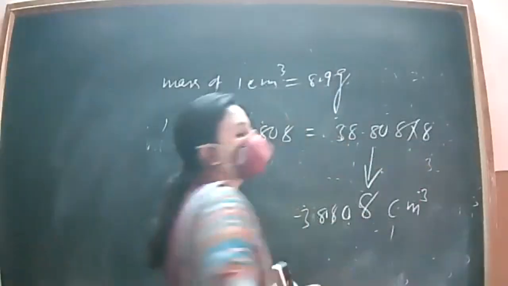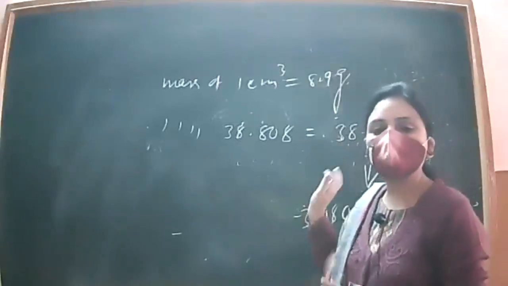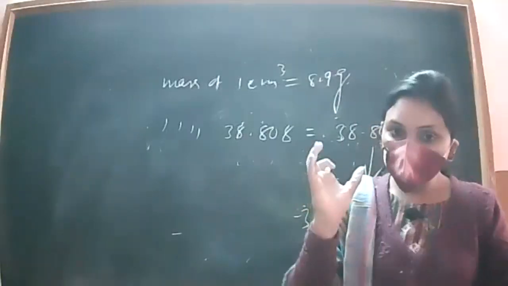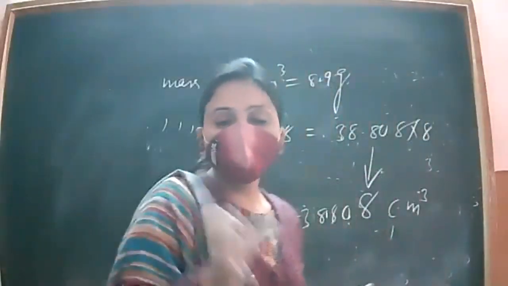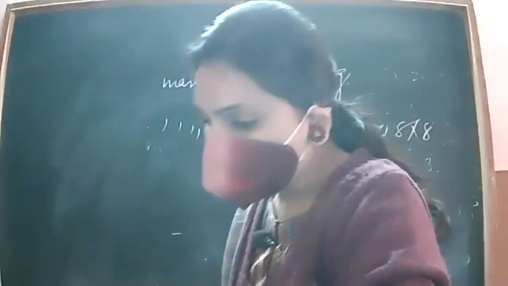Do the multiplication and you will get the total mass of the ball. So first we found the volume; when the volume is multiplied by the mass per unit, you will get the total mass of the ball.